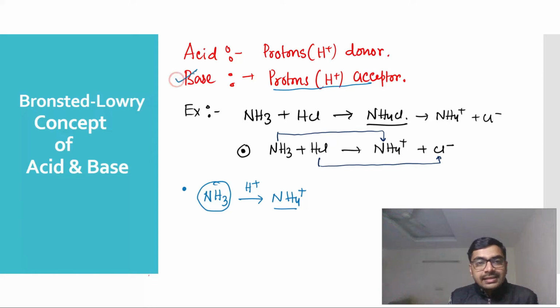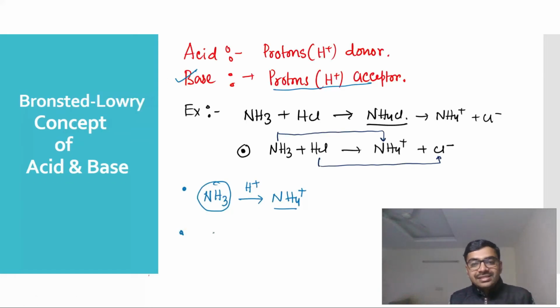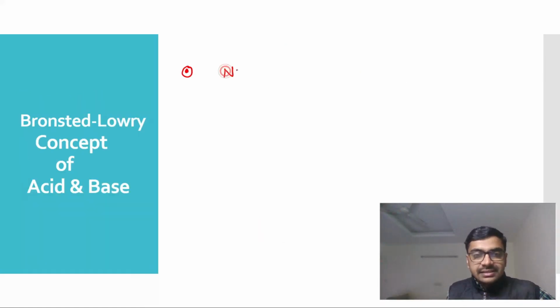So here ammonia acts as a base. Now if you see the change of HCl, HCl changes into Cl minus by donating one proton. That means here the HCl molecule behaves as a proton donor, so it acts as an acid. Okay, clear? That means NH3 reacts with HCl and produces NH4 plus and Cl minus.